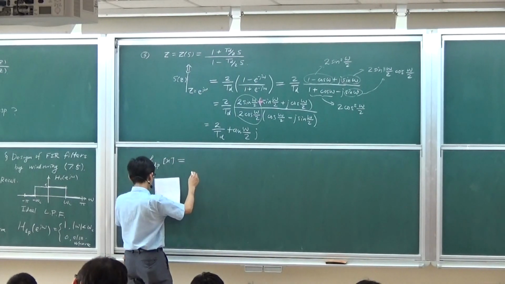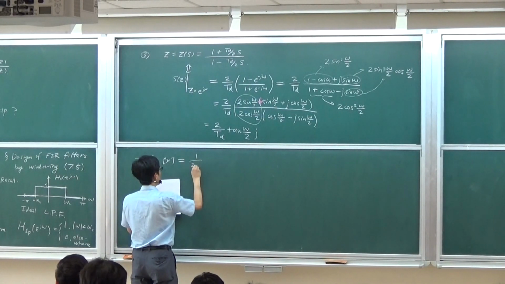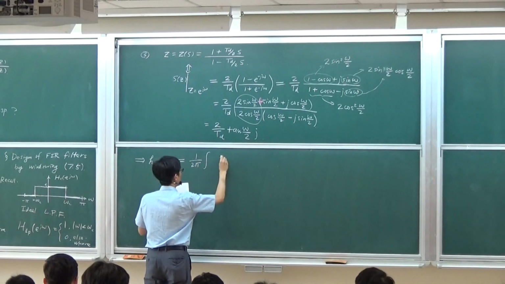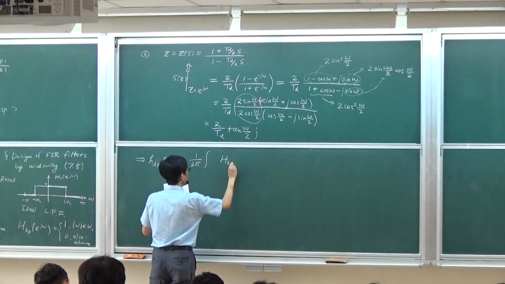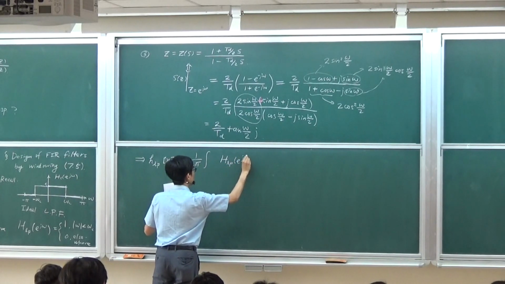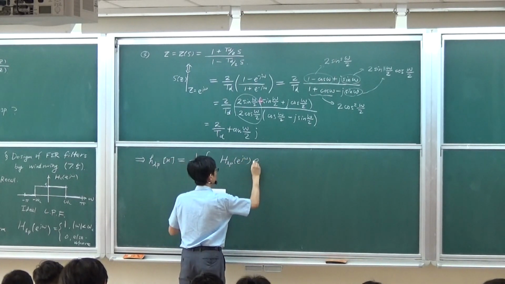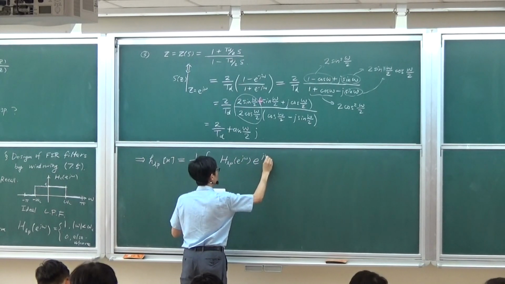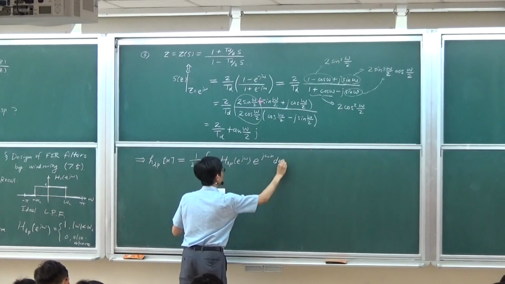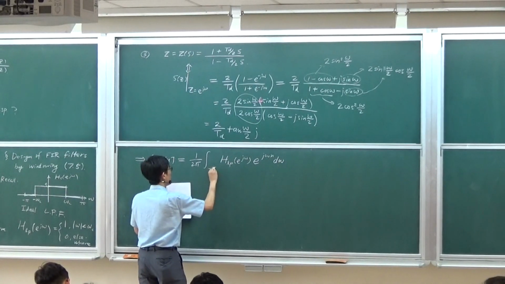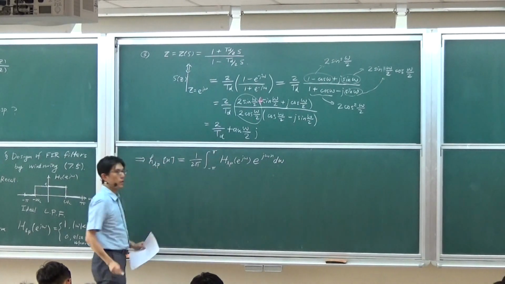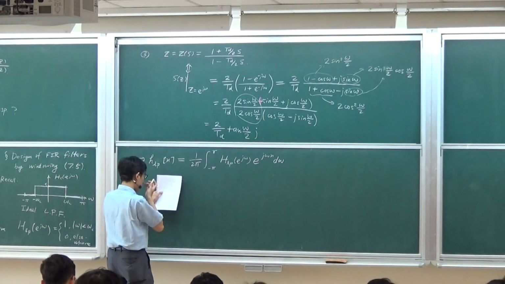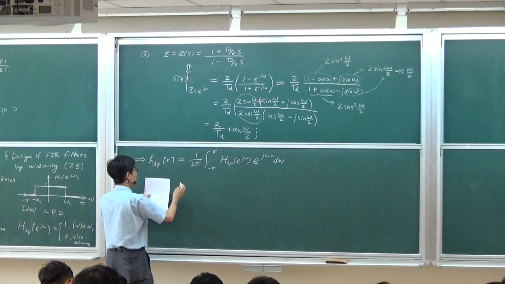Let's review it: there's a 1 over 2 pi, and you integrate H_LP of e to the j omega, multiplied by e to the j omega n, over all omega from minus pi to pi. That's just the definition of the inverse DTFT.